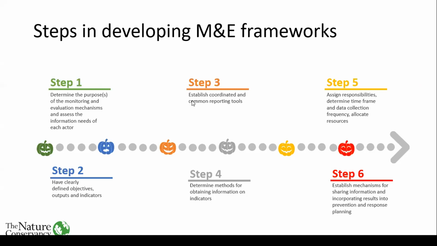When you're defining your objectives, for example, you have to make sure that your objectives are SMART. So they should be specific, measurable, realistic, and time-bound. And then your outputs must be achievable.